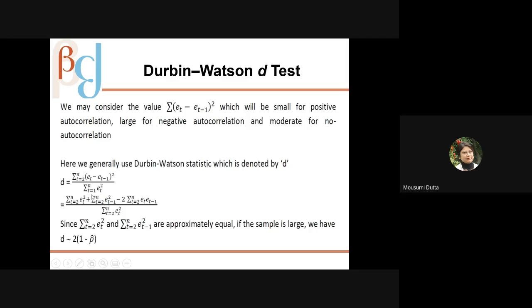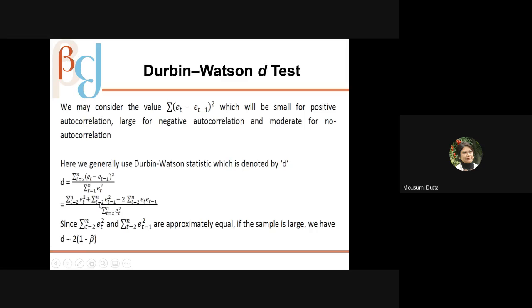Now this 2 summation et square, if I adjust with the denominator, I am getting simply 2, minus 2 into the rho hat value, summation et et-1 divided by summation et square.